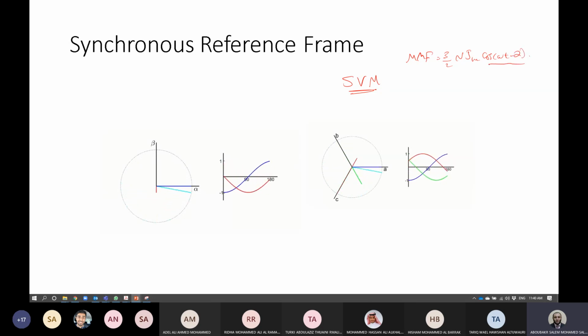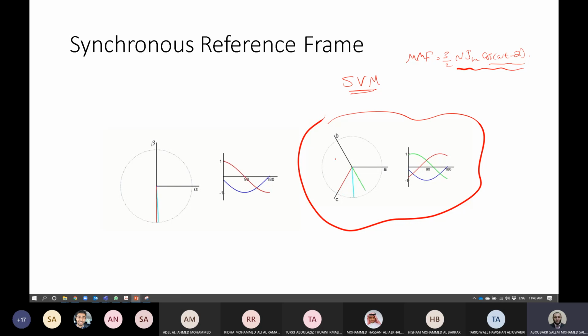You remember, guys? This is the relation we already obtained. So now the MMF due to three phases could be converted to only one vector, representing the space vector. So this line, which is rotating now, represents the space vector of the three phases. So this is here considered as the three phases.